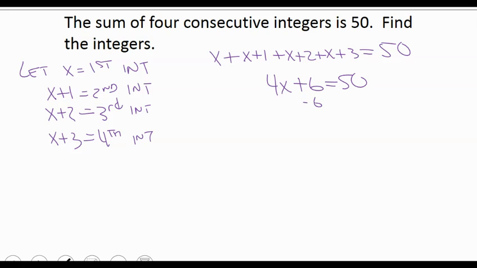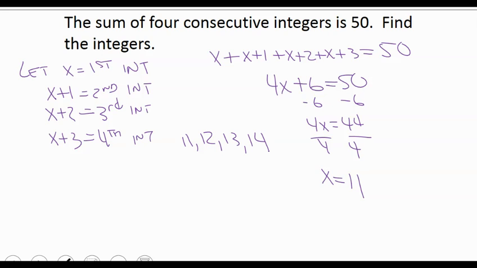Just a two-step equation, subtract 6. 4x equals 44, divide by 4, x equals 11. So my numbers are 11, 12, 13, and 14. If you check in your calculator, add those up, they add up to 50. All right, that is it for this lesson.